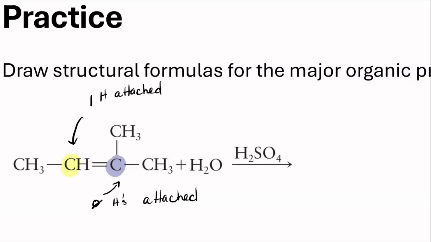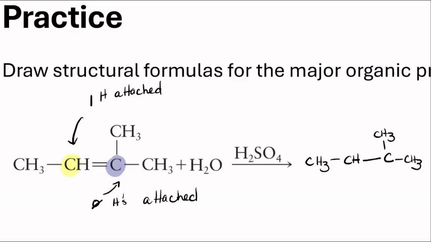So when I'm predicting the product, I rewrite my molecule, and instead of writing the two lines for the double bond, I only write one. So I'm going to write CH3 connected to CH. Now this is going to be single bonded to a C. This is connected to a CH3. This is connected to a CH3.